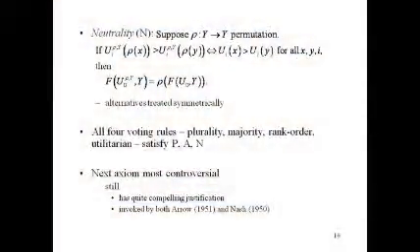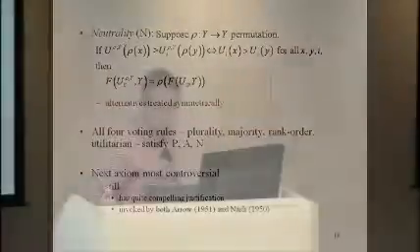That's anonymity. Then the next property or axiom says that just as we want to treat all voters equally, we also want to treat all candidates equally. Neutrality insists on that.